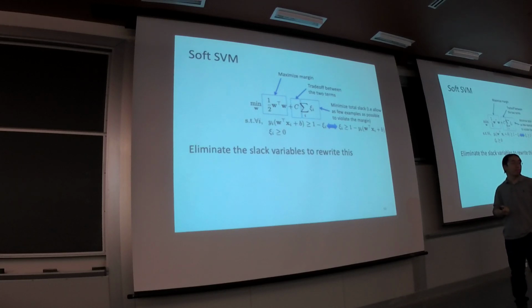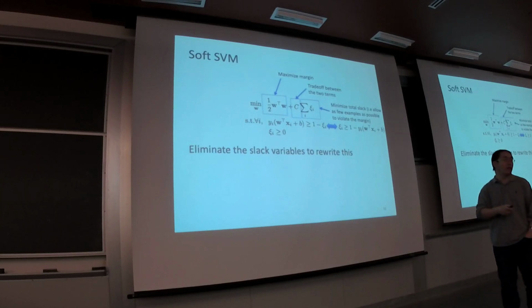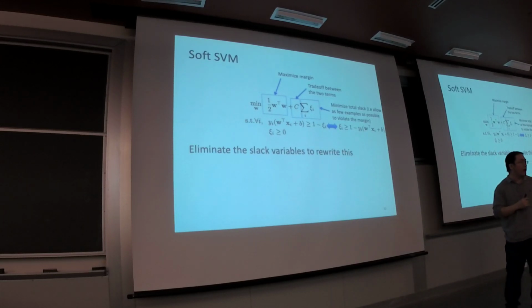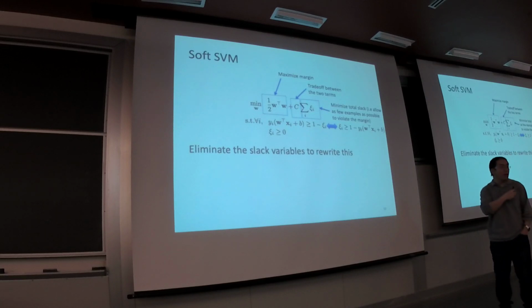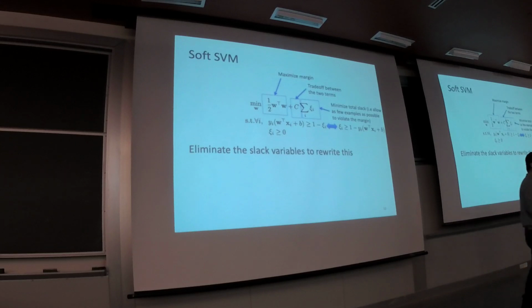So now, let us look back at the cost function. Remember, we want to minimize this cost function. That means if we fix W, we want ξi to be as small as possible. So the question is, what is the minimum value ξi can choose?